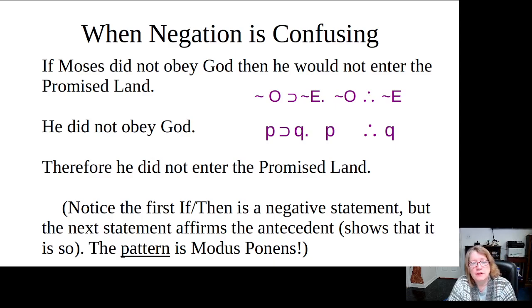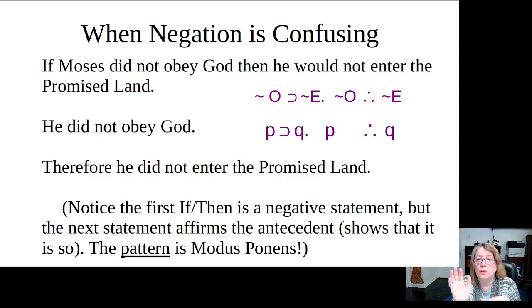So look at the first if-then statement. It's a negative statement. And instead of using variables, I used constants here. The O was for obeying. The E was for entering. So if he did not obey, then he would not enter.